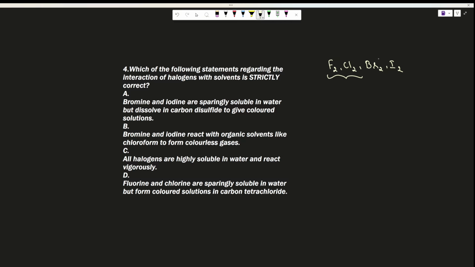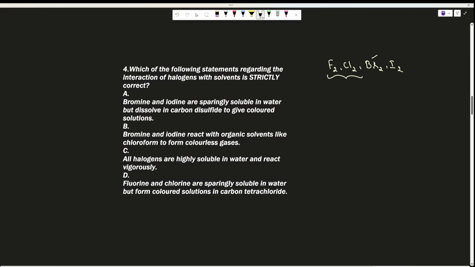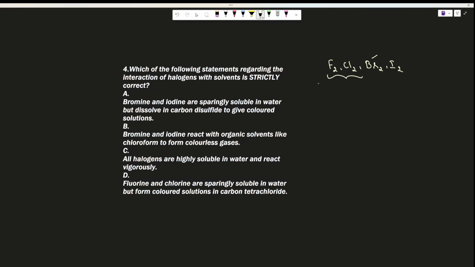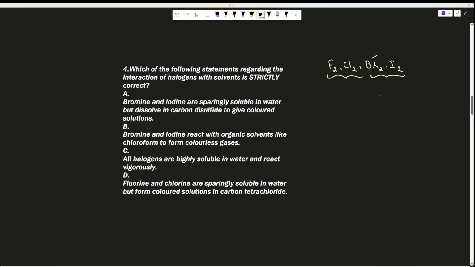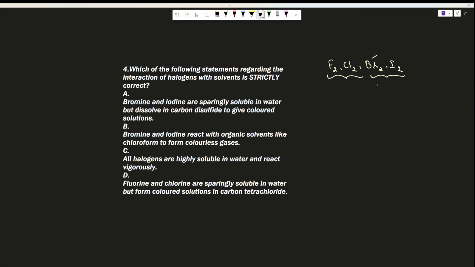Next comes chlorine. Bromine also will react, but iodine is the least. And when you take their solubility, bromine and iodine are sparingly soluble in water, but they are soluble in organic solvents like carbon disulfide, and in that they give colored solutions.